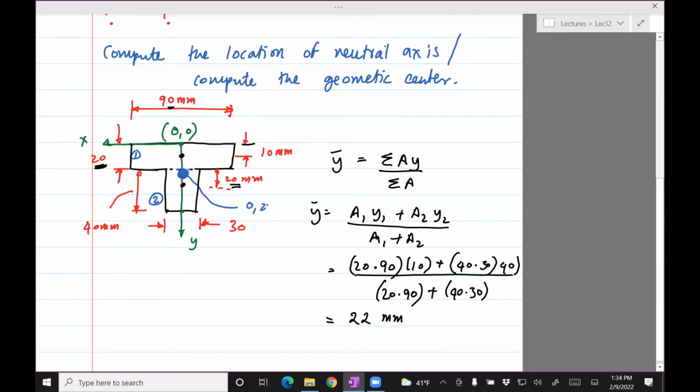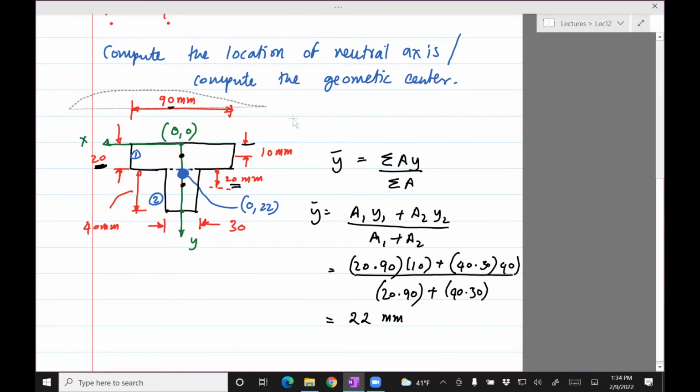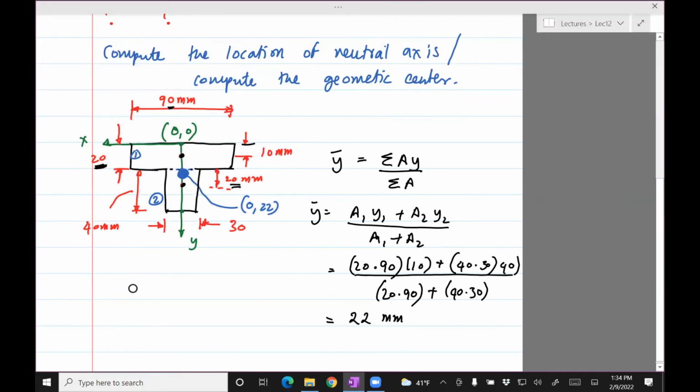Coordinates are 0, 22. Okay, now let's find the inertia. And once I find the inertia, I'll use the inertia and this information to compute y max.